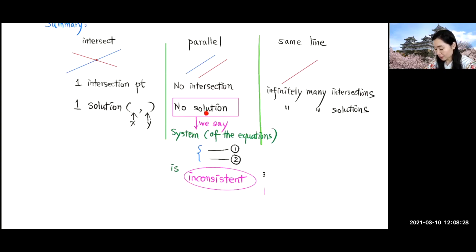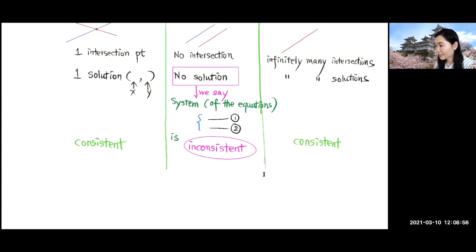Now, the opposite of inconsistent is what? Consistent, right? So the other two cases, because they have solutions, the systems are consistent.